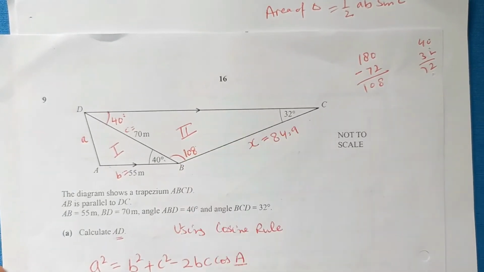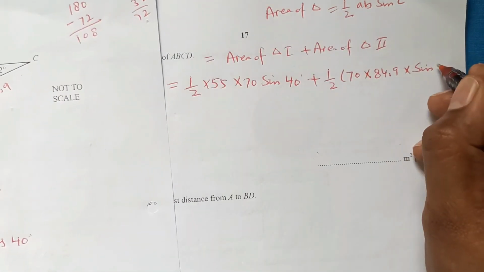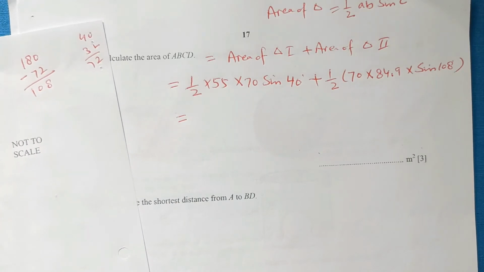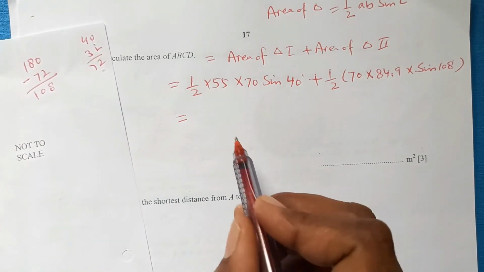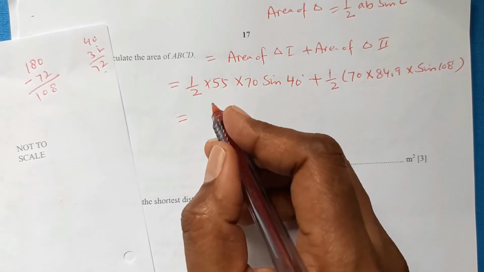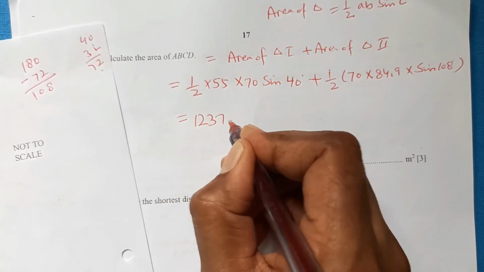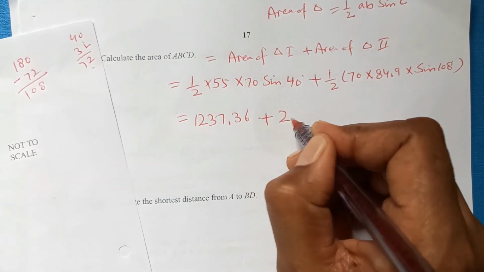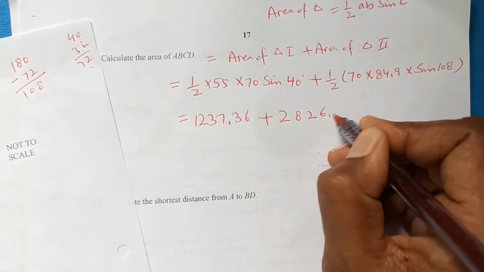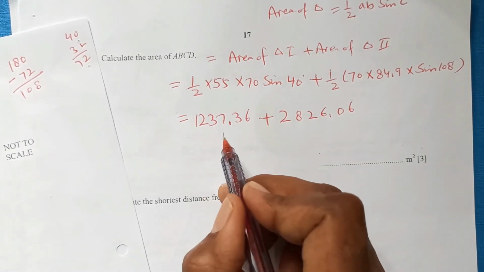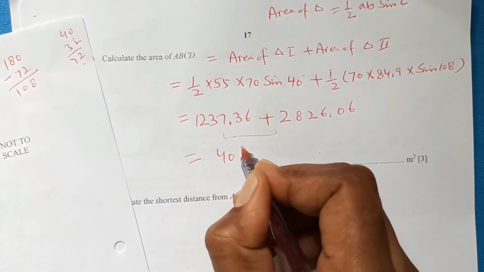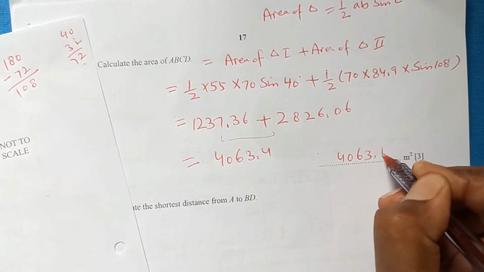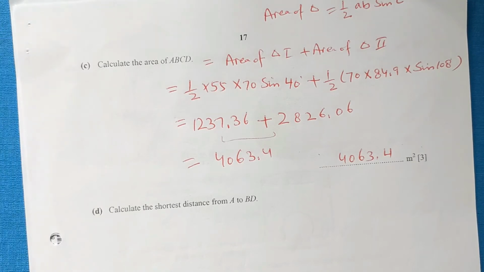So this angle is 108 degrees. So sine 108 degrees. Just simple calculations. I have already calculated this to save time. So this is 1237.36 and this is coming out to be 2826.06. So add them together, you are getting 4063.4. So that is our final answer for this question.